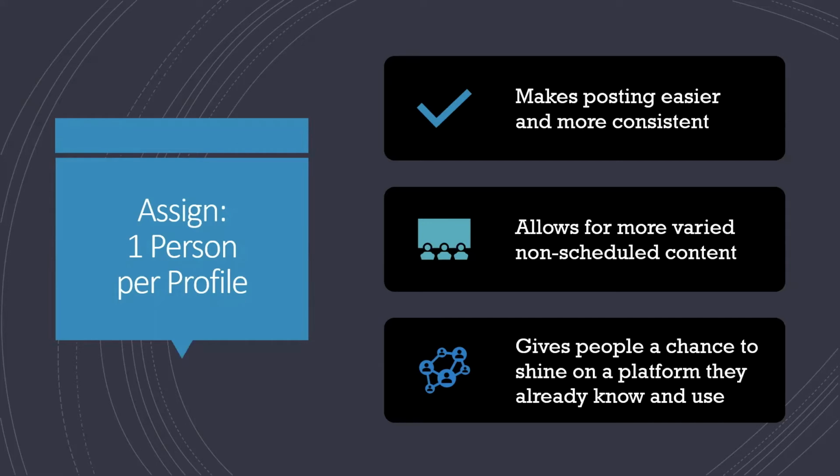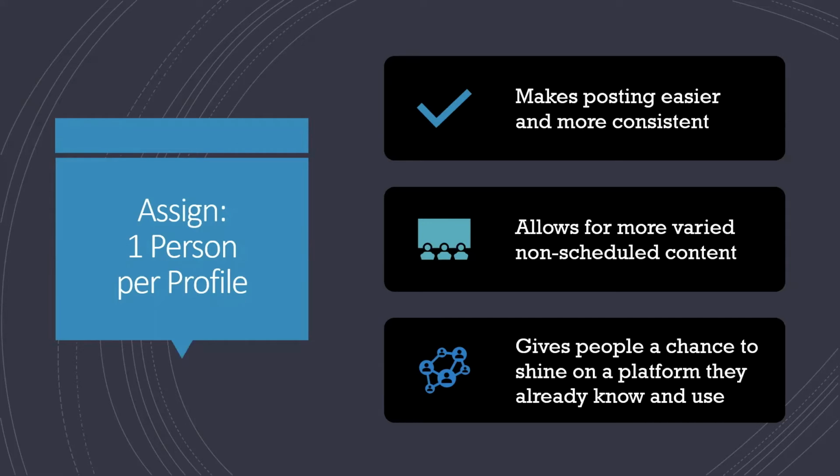And with one person on each platform, it makes it a lot easier for the posting on each platform to be more consistent. It also makes it a lot more varied in terms of content, because there are certain things that all three platforms are going to post, but there are a lot of things that are unique to those particular platforms for the library. Like, we have a lot of Instagram stories that we don't have on Facebook and we don't have on Twitter.